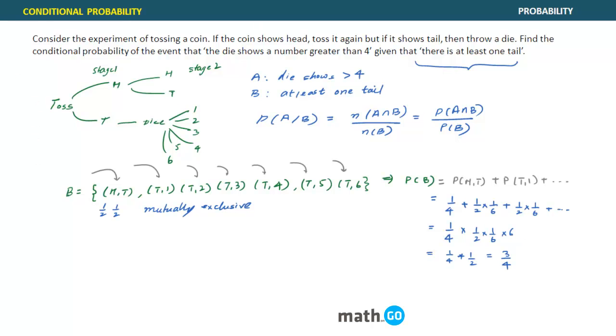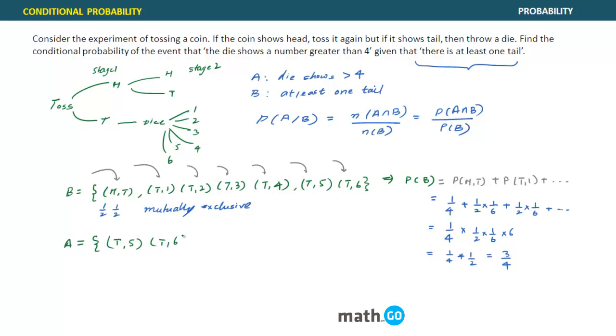Now let us also talk about the events which will happen in A. In A, you have to find that the die throws more than 4. So the die comes only when at stage 1 tail is there: T5, and T6.